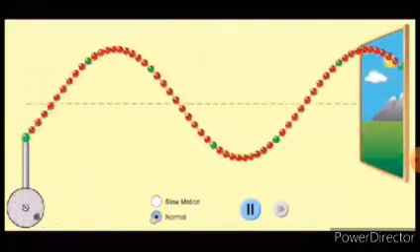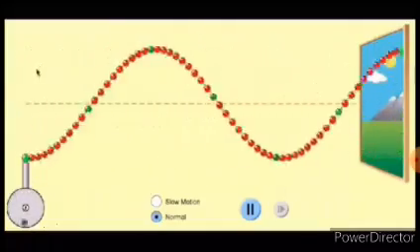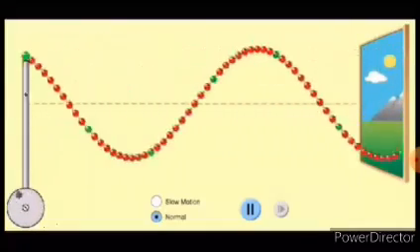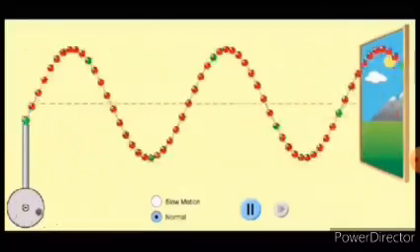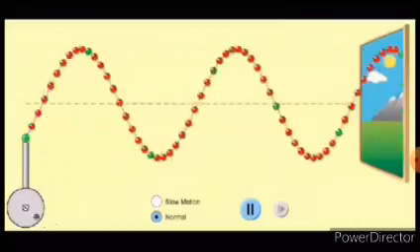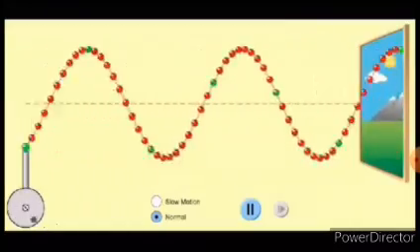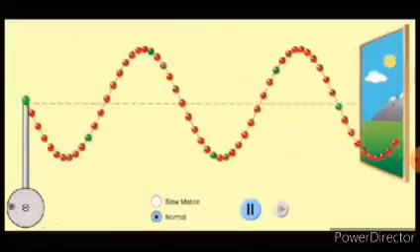The other one I can measure is the frequency. If we increase the frequency like this, you can clearly see that the vibration increases. It can also be determined in terms of its period. The period and frequency are reciprocals of each other.